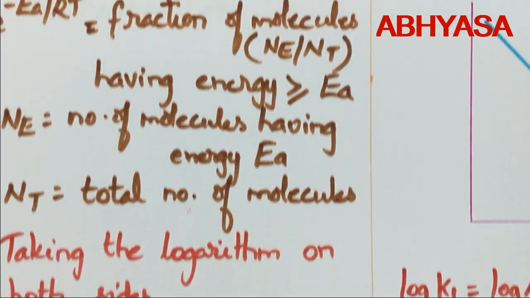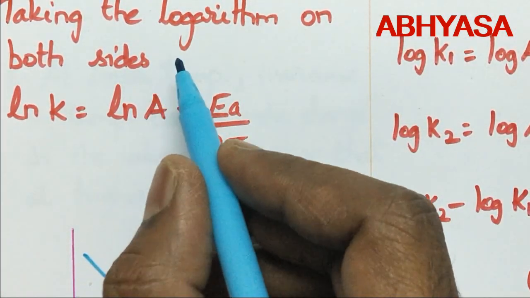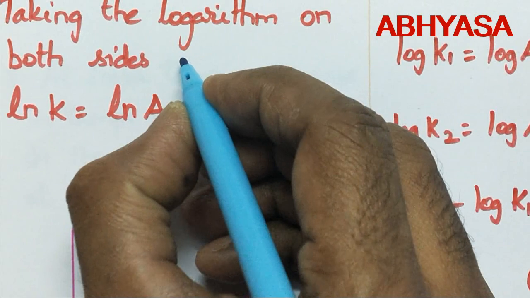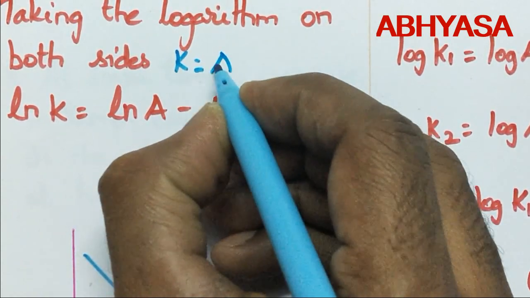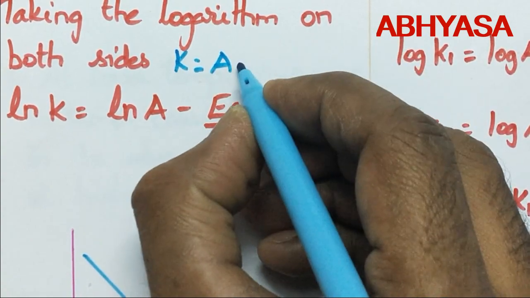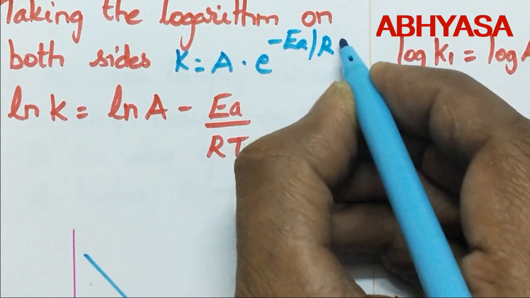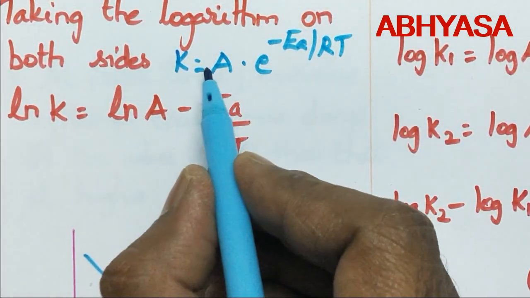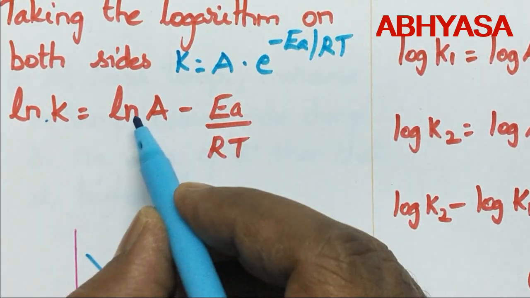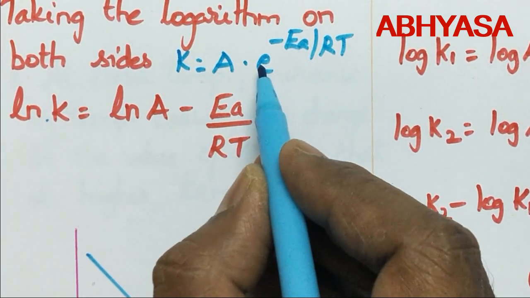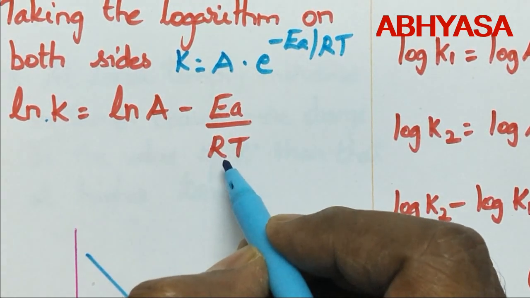Now, if we take the logarithmic form of this particular equation, the original equation is K equal to A into e to the power of minus EA by RT, isn't it? If I take the logarithmic form, we get ln K equals ln A, and this exponential part will be eliminated and we will be directly getting minus EA by RT.